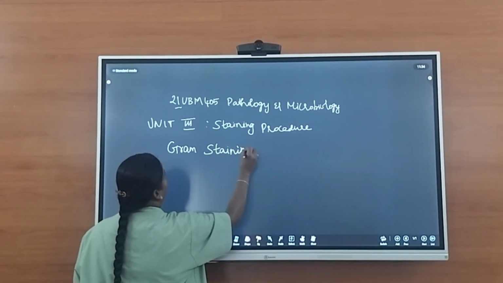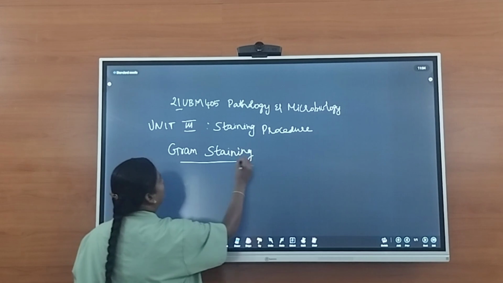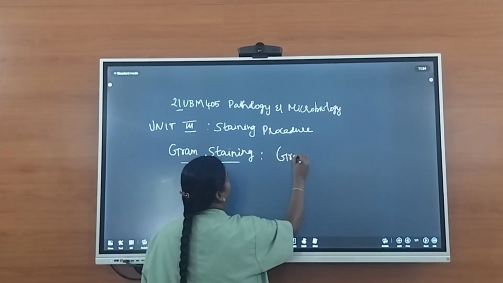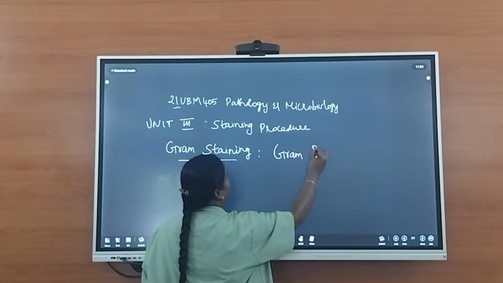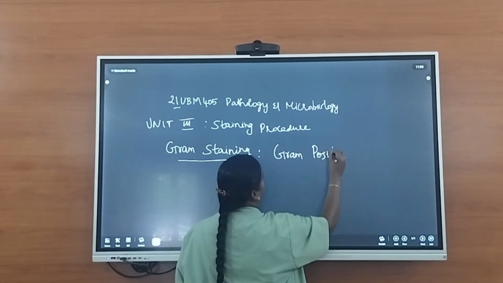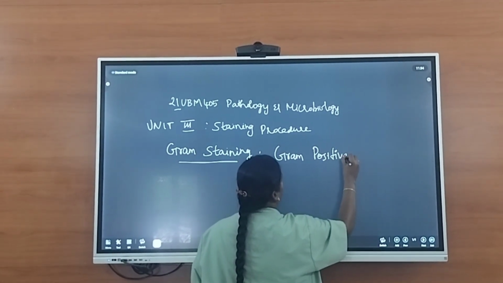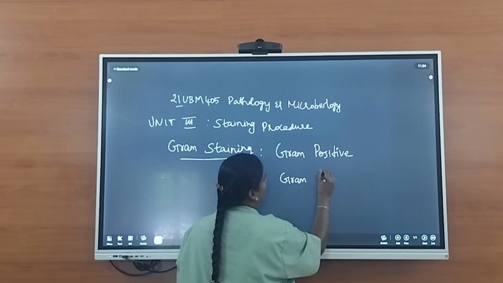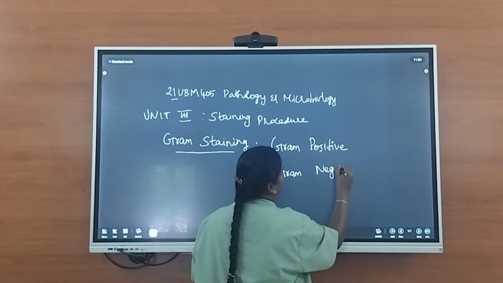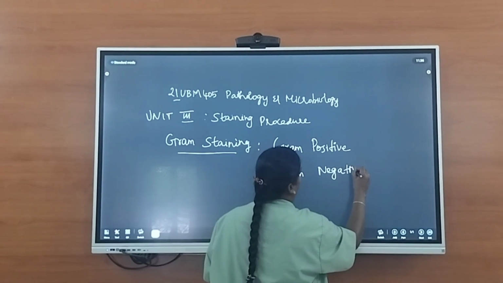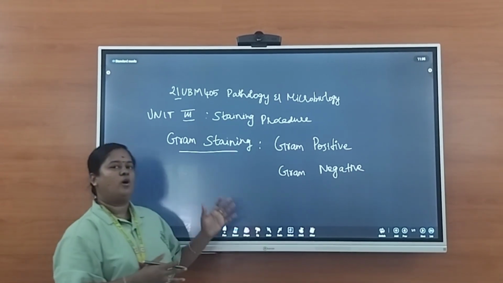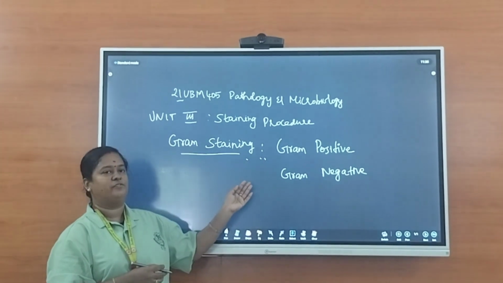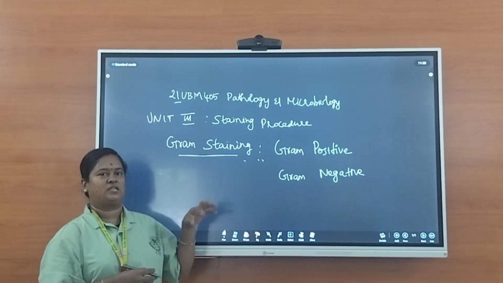Gram staining is to identify whether the given bacteria is gram positive or gram negative. The basic principle behind this, the principle by which we separate bacteria as gram positive or gram negative, is based on cell wall structure.